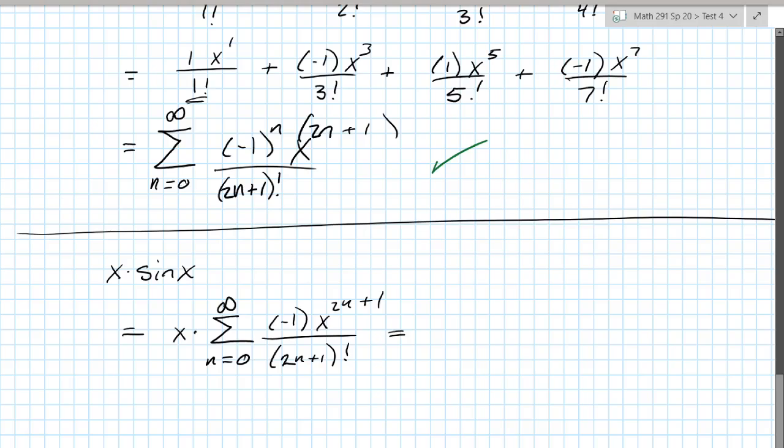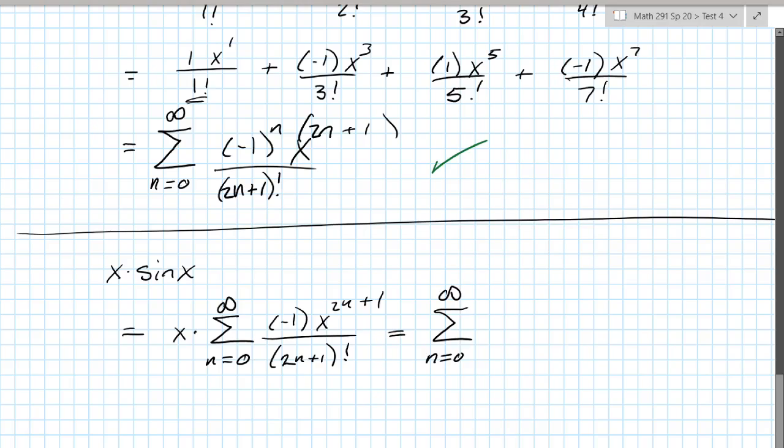So that gives us the sum from 0 to infinity. When we bring this x in, notice I can bring the x in and out because x is independent of n here. This is just an x to the first power.